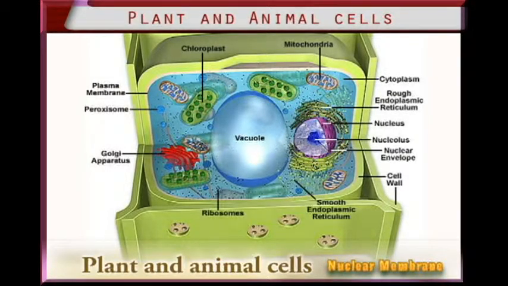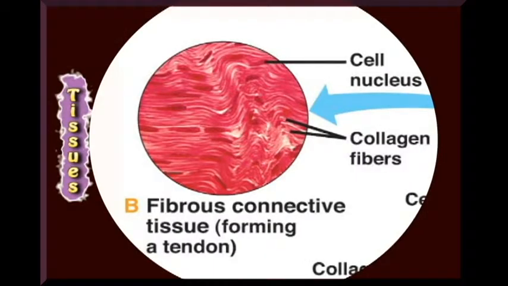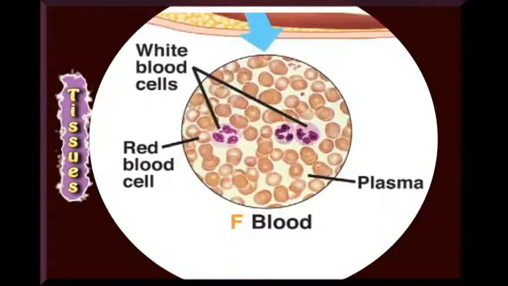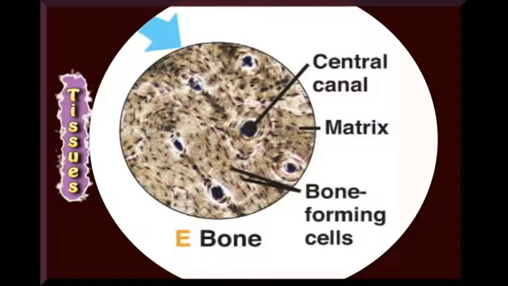Now from that one we go to what we call the tissues. Tissues, these are cells of the same structure that come together and form tissues. Tissues are coming from cells of the same structure and the same function, which come together and they form the tissue.